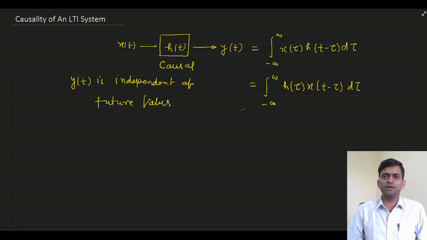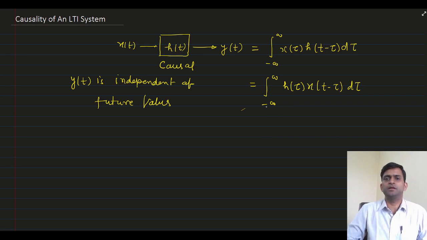Okay, here you observe this expression carefully. Here tau is the dummy variable, and we have h of tau and x of t minus tau.